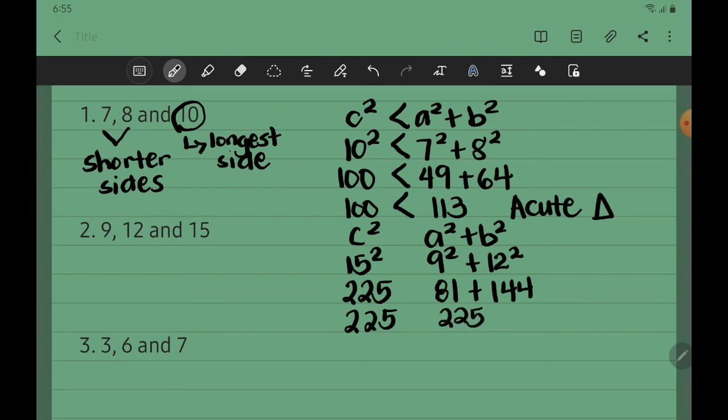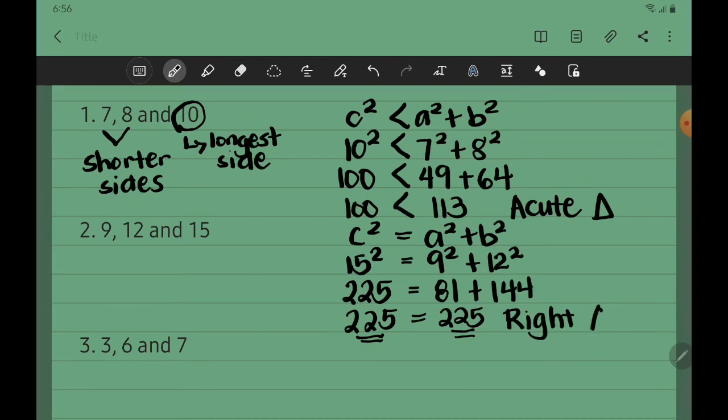So if we look at our answers, we can see that the square of the longest side, which is 225, is the same as the sum of the squares of our shorter sides, which is 225. So, we can now write equals. So, 225 is equal to 225. And we said earlier, if they are equal, that is a right triangle.